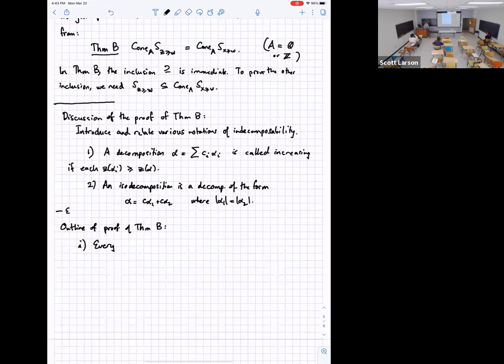So elements without these decompositions are increasing indecomposable, or iso-indecomposable.